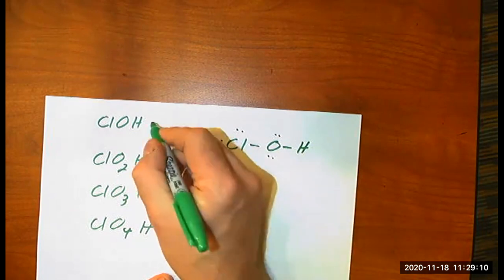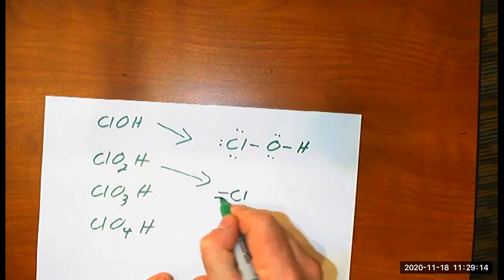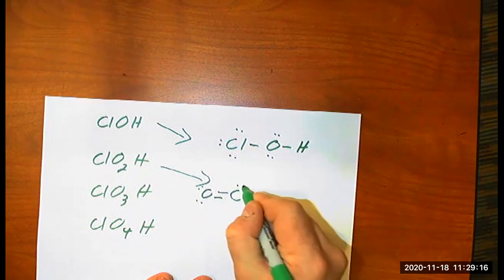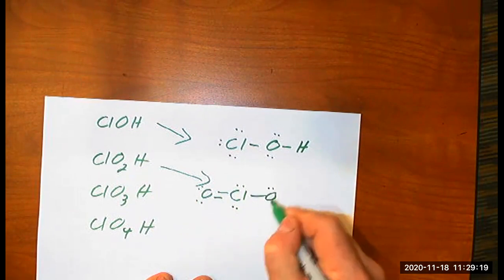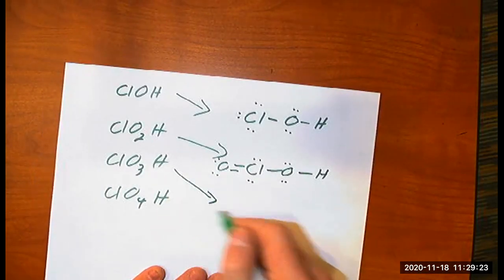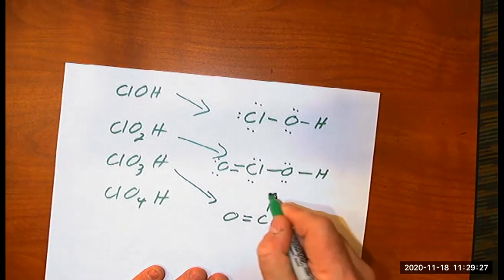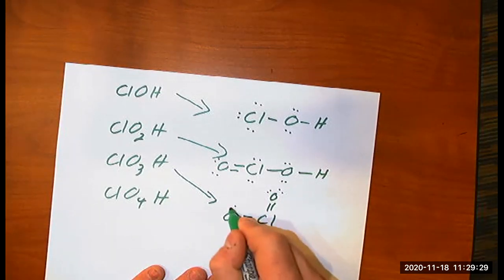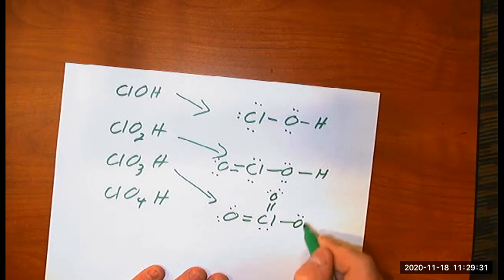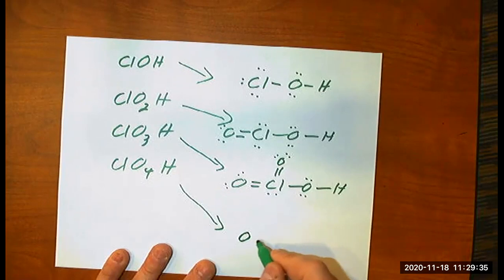Okay. So if we look at the Lewis structures of these, the chlorine looks like this for the first one. The second one, we have that. The third one, and for the fourth one, we have this.